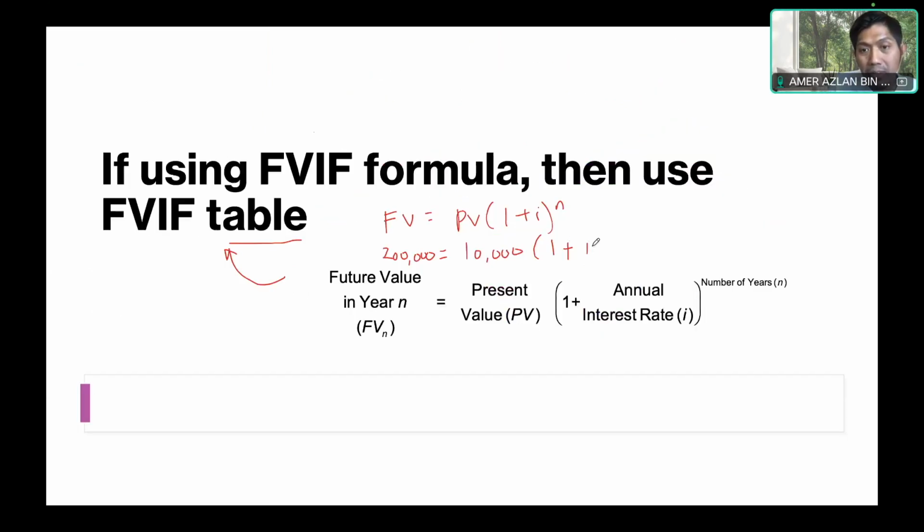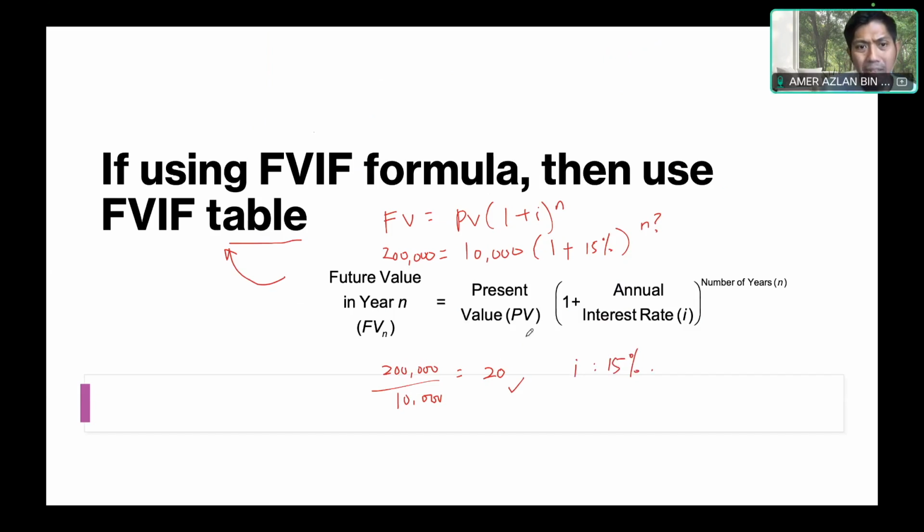So we know the interest is 15%, and we want to find the N. So how do we deal with this? The first step is that we divide 200,000 with 10,000. You would get 20. So we got this 20, and we know the interest is 15%, right?